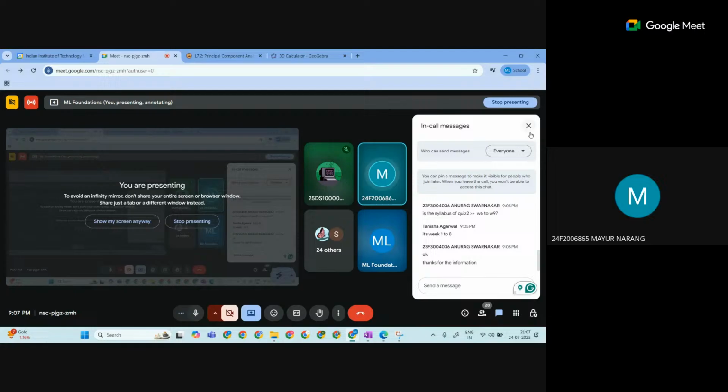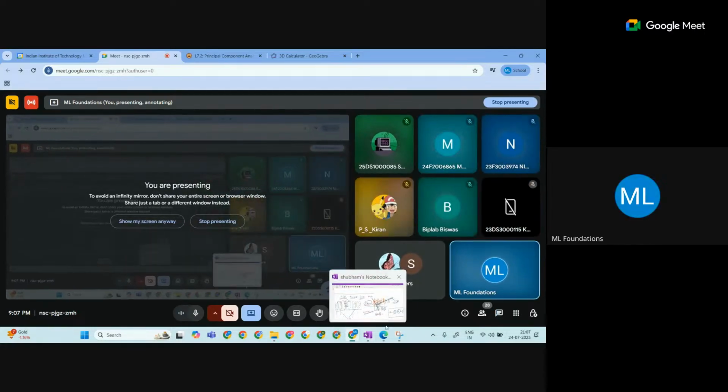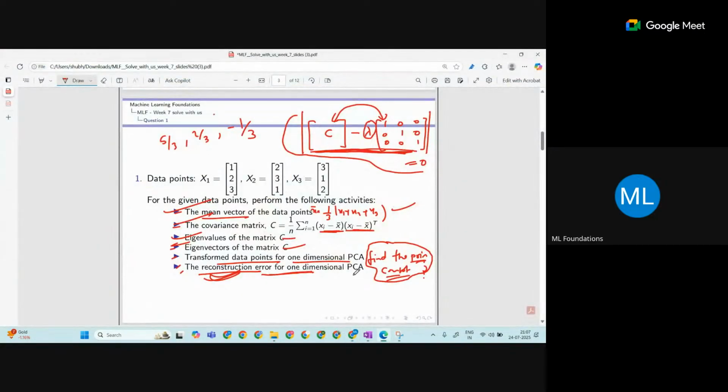Eigenvalue is 110. Okay, let's see it. Can we proceed with the solution? Yes, sir. Maybe someone is solving.